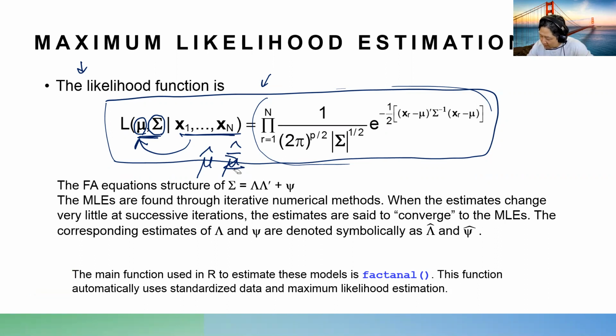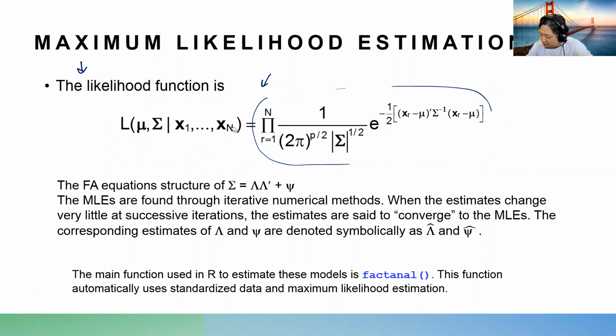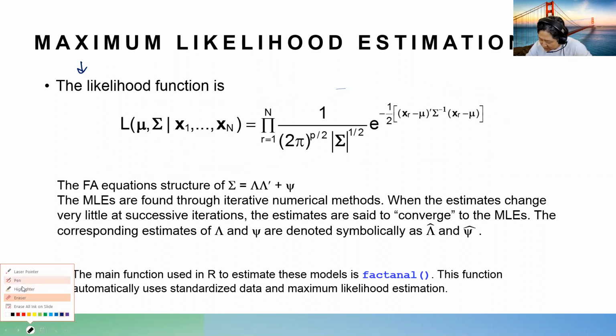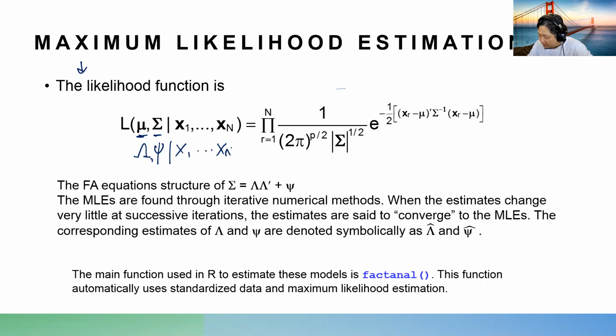So maximum likelihood estimation for exploratory factor analysis is still the same. Instead of using mu and sigma, we need to estimate the loadings and error variance, right? Based on our data.